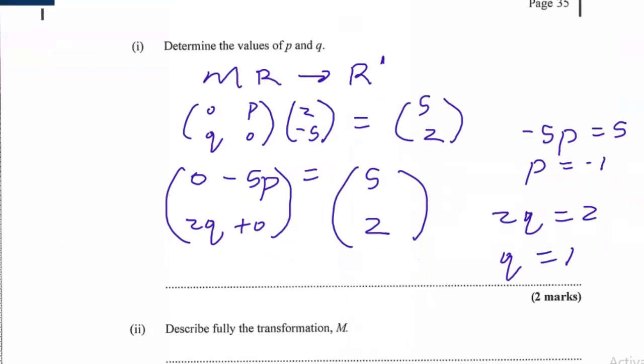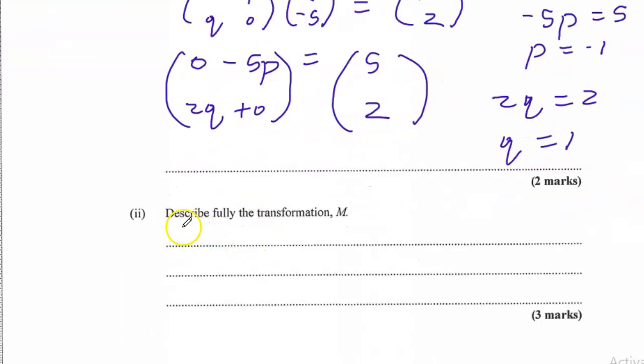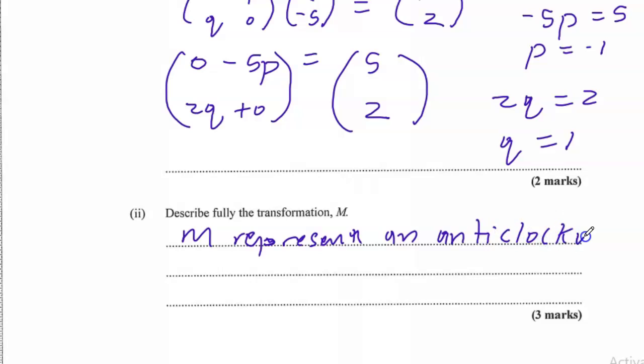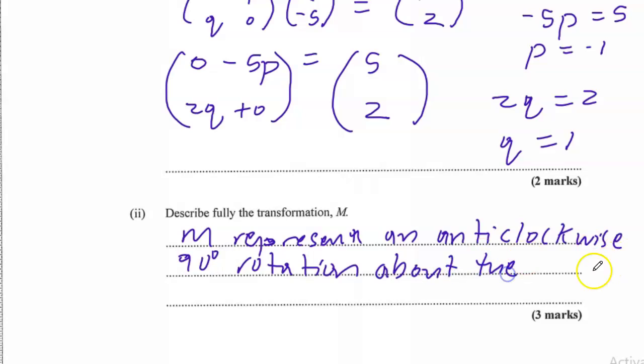So the transformation M represents an anti-clockwise, or I could say counterclockwise, 90 degrees rotation about the origin, which is 0, 0.